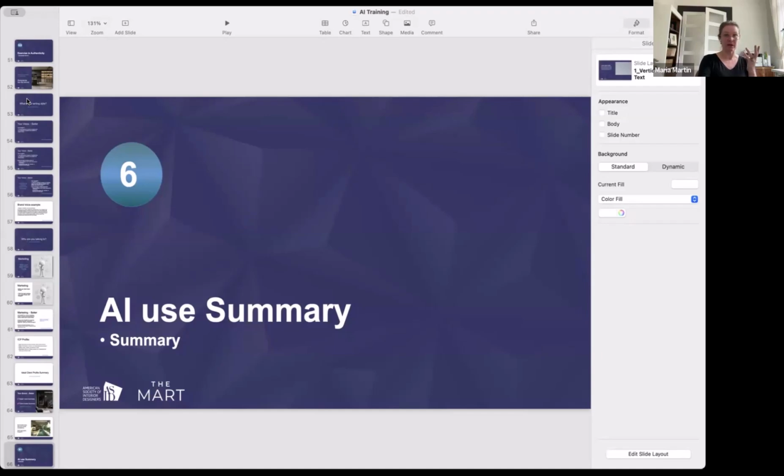So some of the places that you will be able to implement chat will be building out your ideal client profile so that you have that marketing knowledge. Another way you can use chat is to help you improve and rewrite.